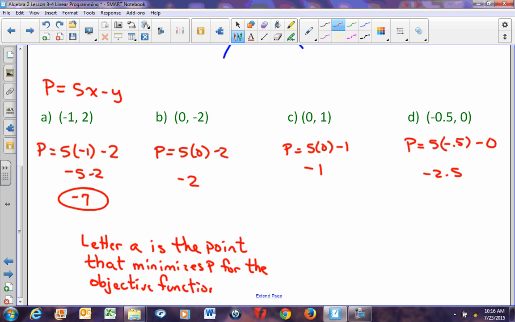That's how you can find which value, if you're given a bunch of points, gives you the maximum or minimum. If we were looking for the maximum value, it would have been letter C. If we're looking for the minimum value, it's letter A.